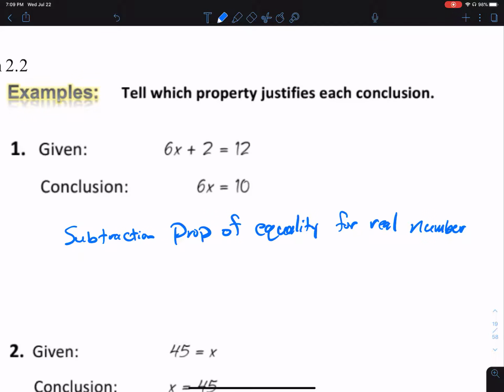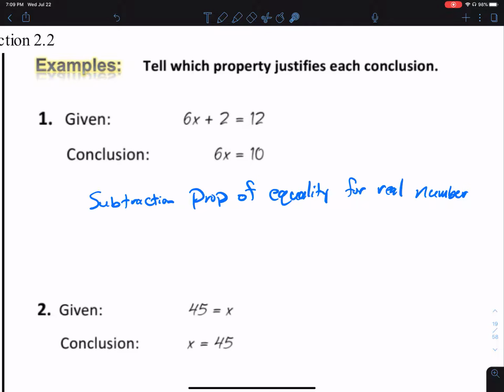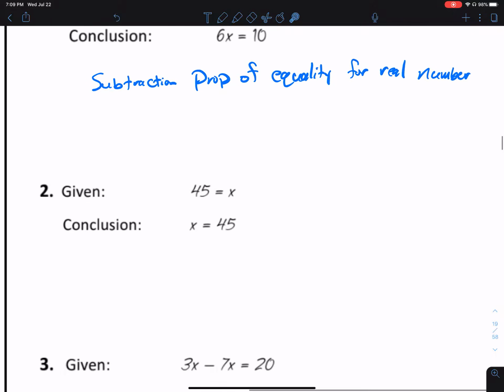Mr. McConnell is an insane person. You do. We can simplify some of this by using symbols, but we are going to later have other properties that are not of equality. We're going to later have other properties that are not for real numbers, and we want to distinguish between the two. This next one I will use an abbreviated form of that.